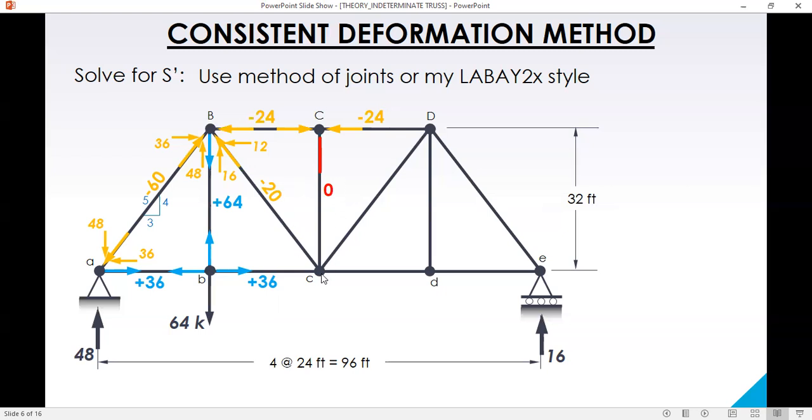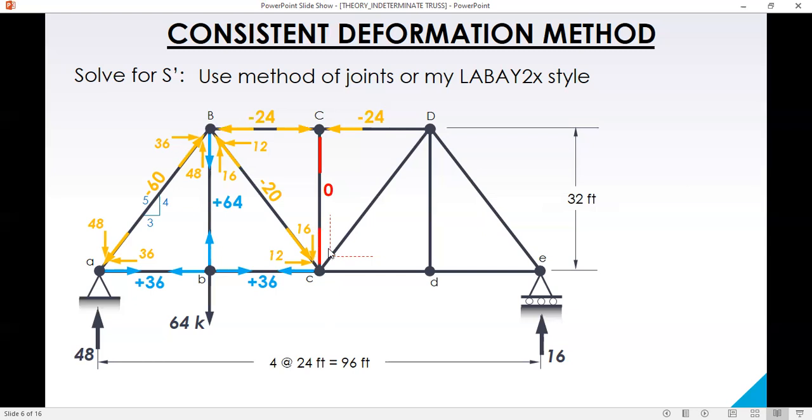And then we proceed to joint C, small c, having two unknown members. So labay, transfer, labay also, transfer. And then 0. And then for a diagonal member, components, now, we only have 16 downward since this is 0.